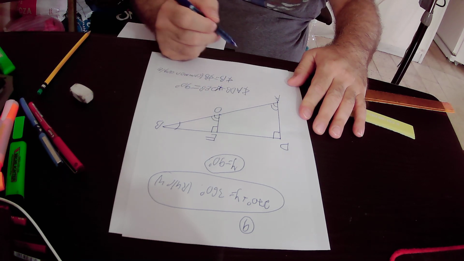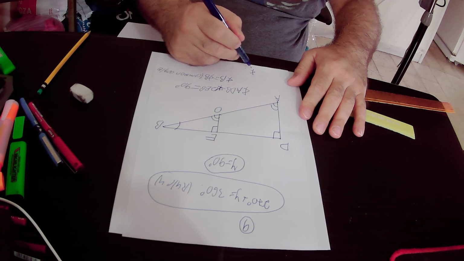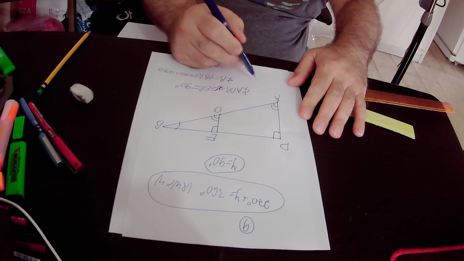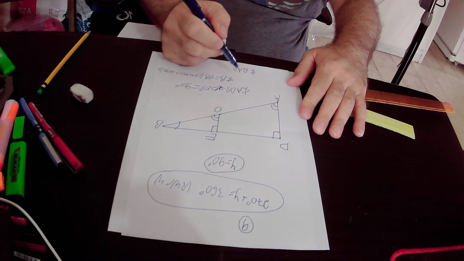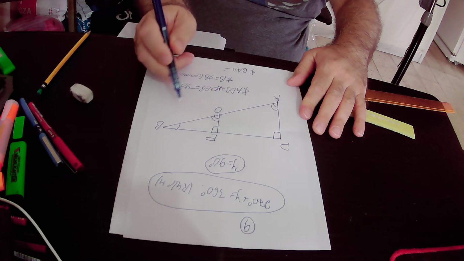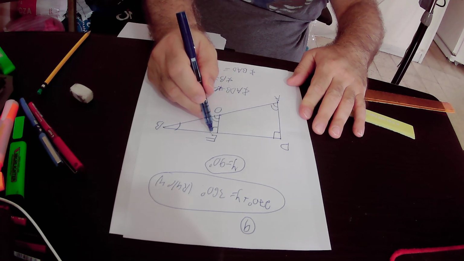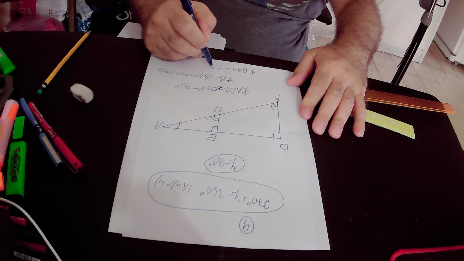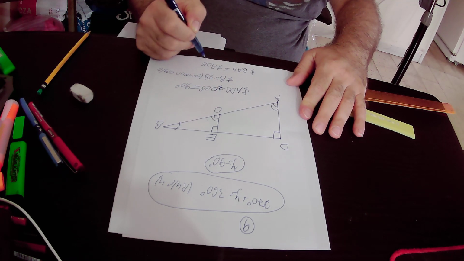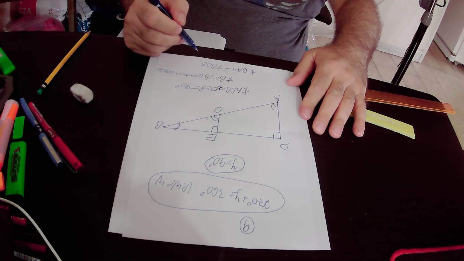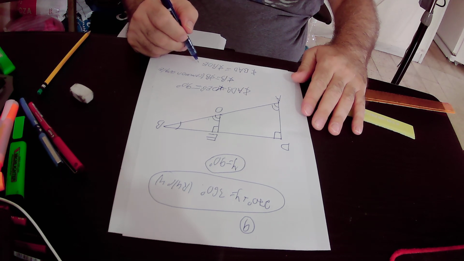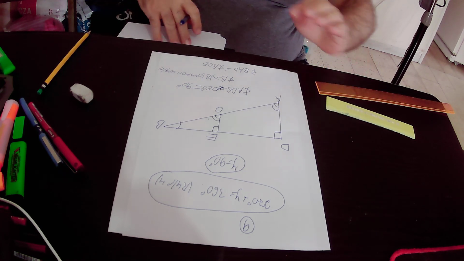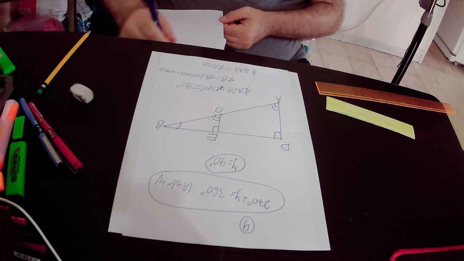Again, angle BAD, this angle in the big triangle, equals angle BOE in the small triangle, according to the third angle theorem.